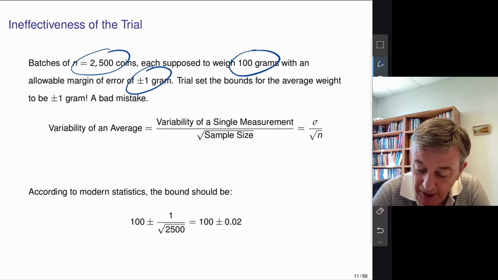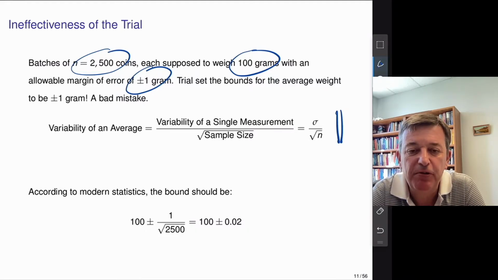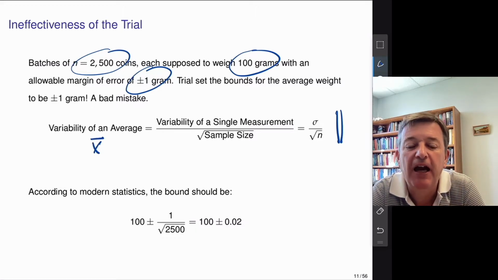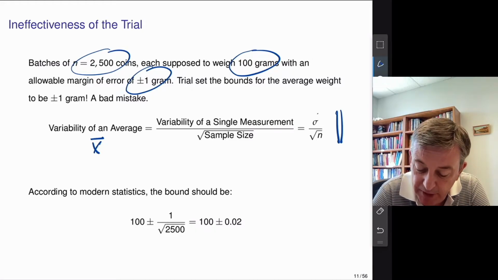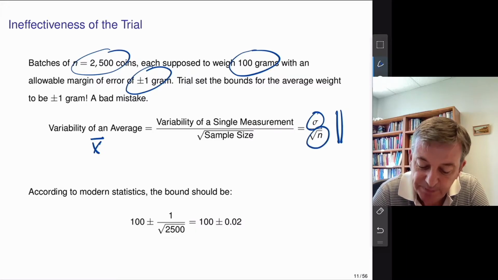So Newton, of course, this was before Gauss had come up with the Gaussian distribution, so before anybody knew anything about these probability distributions. What Newton should have realized is that the variability of an average, so remember that x bar is the average weight of n coins, is the variability of a single measurement, that's our sigma, divided by the square root of the sample size.